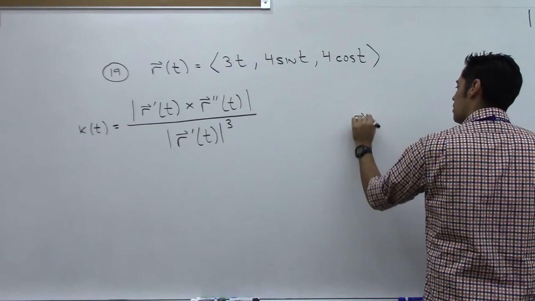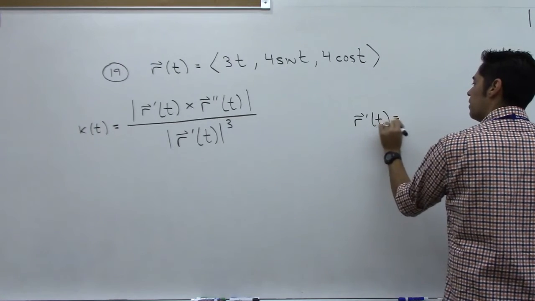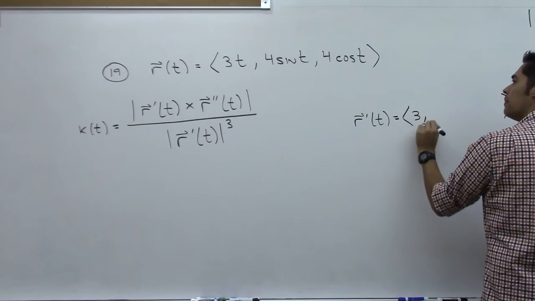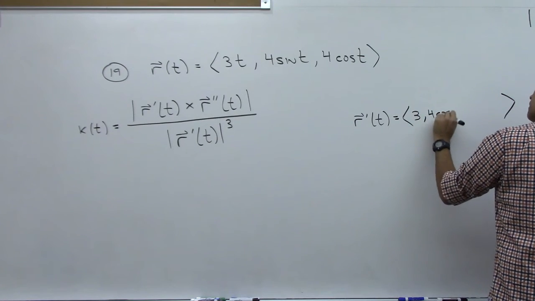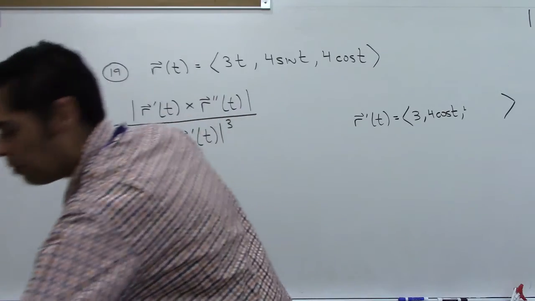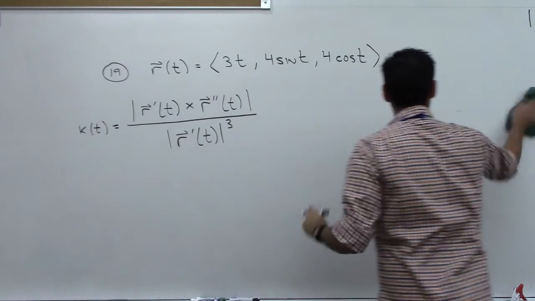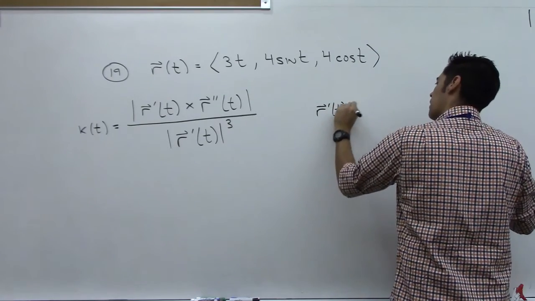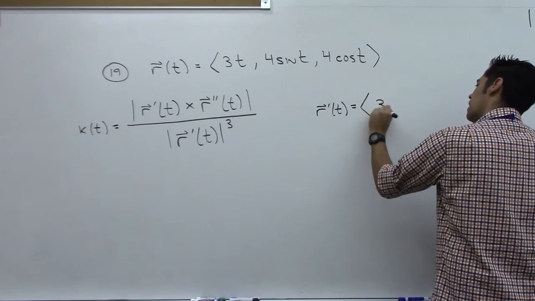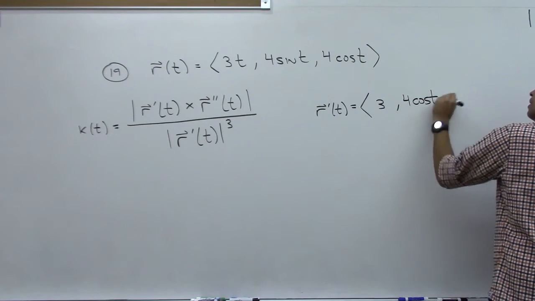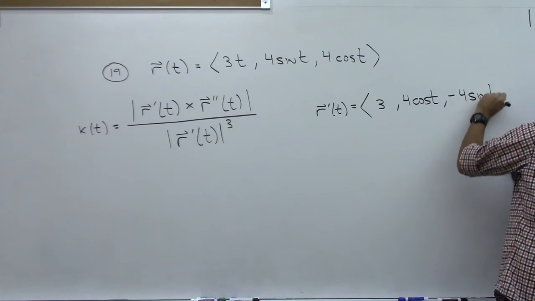The derivatives first. So what's the derivative of this vector function? Well, r prime t is 3, 4 cosine t, negative 4 sine t.